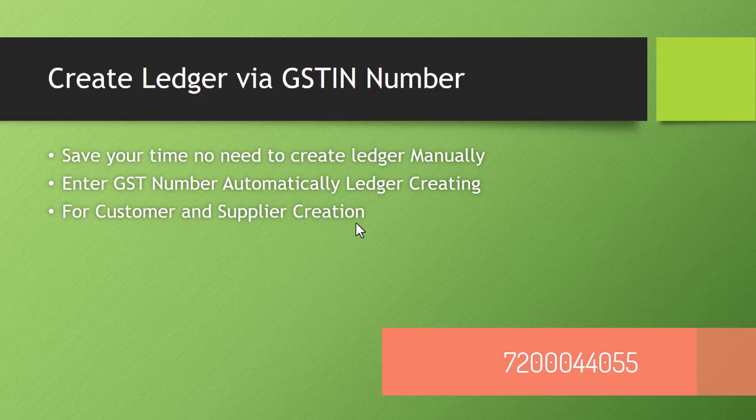No need to create the entire thing. Even in this ledger creation, you can identify whether the GST number is active, suspended or cancelled. That information you will also get.